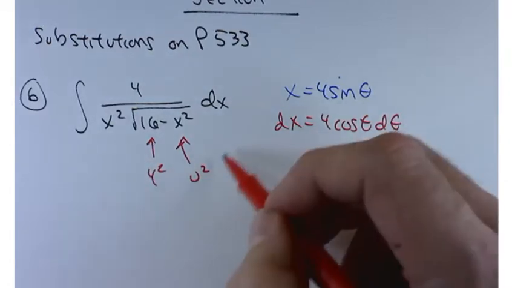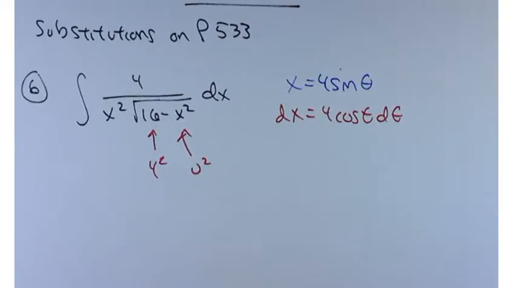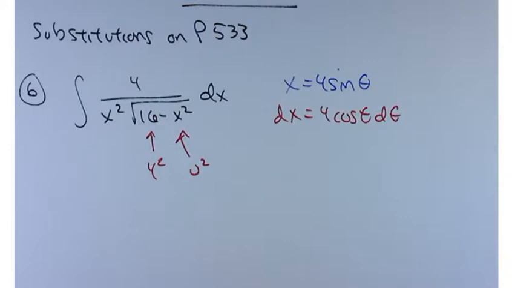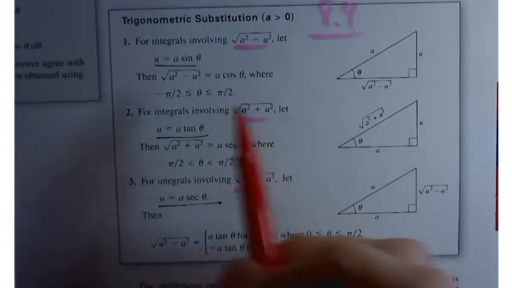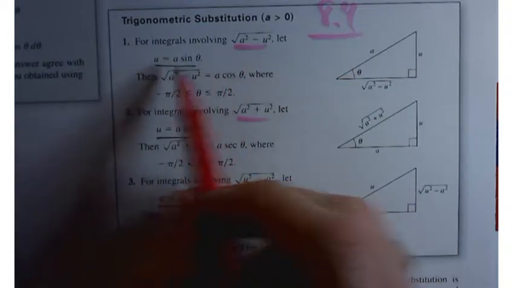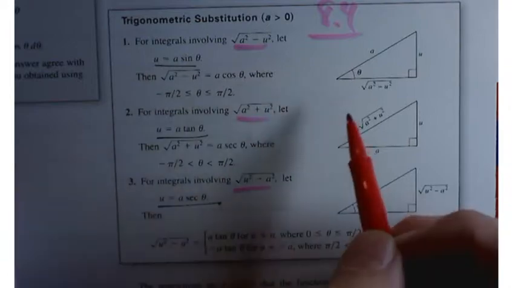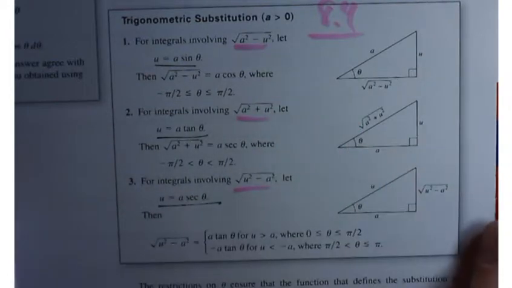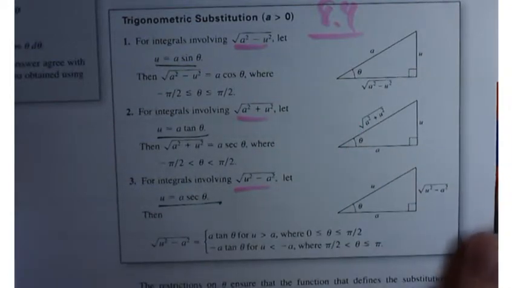So no, it doesn't go back to that at all. It goes back to the substitutions that are right here on page 533. So your u, in our case it's an x, equals 4 sine of theta. Okay, it just confused me because I wanted to put 1 over sine of theta. Okay, all right, I understand.